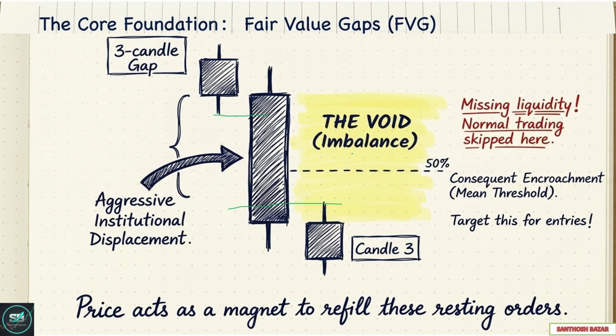The missing liquidity, normal trading, got skipped here. Whenever price goes further, this FVG will act as a magnet. It will come back to this FVG near 50% of the zone, and from here price is going to react and go in whichever direction the market is.